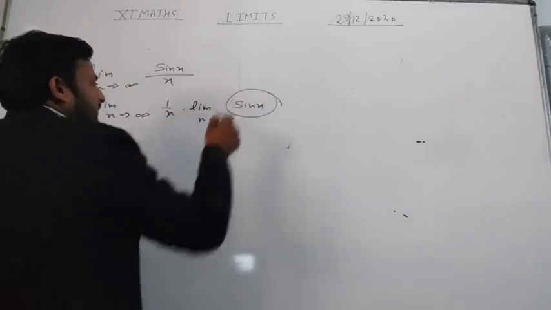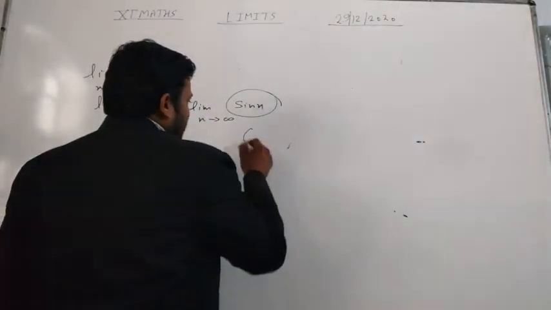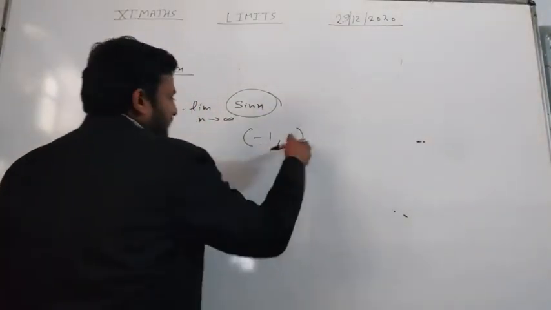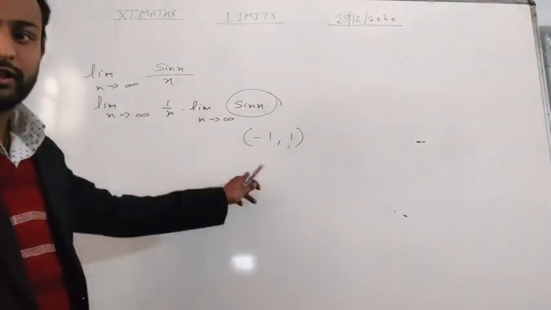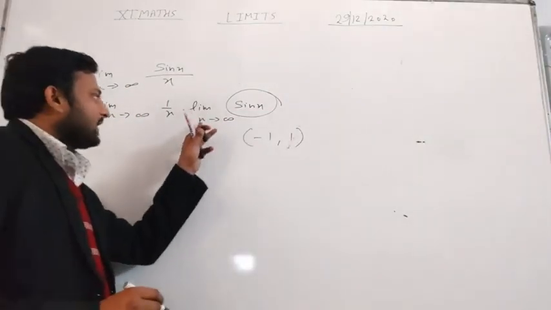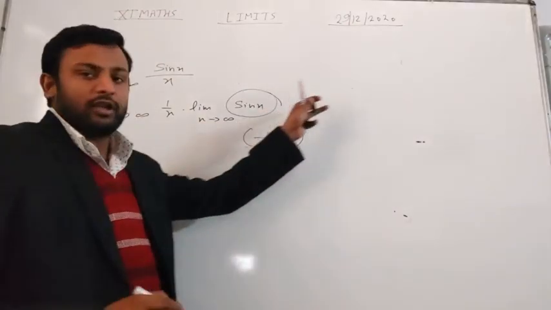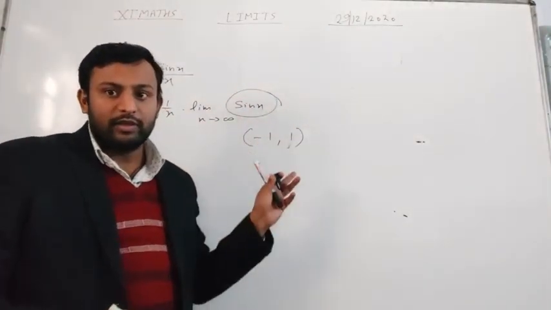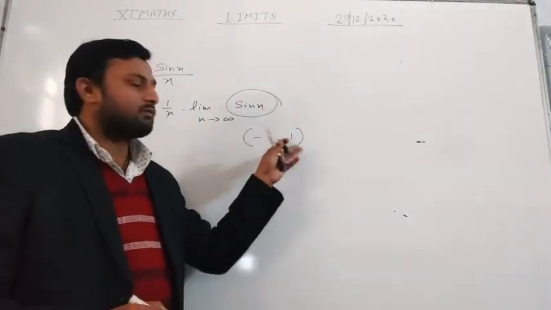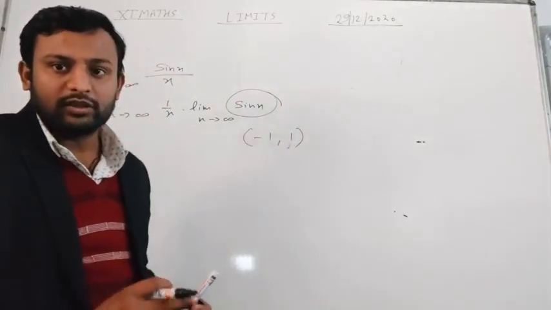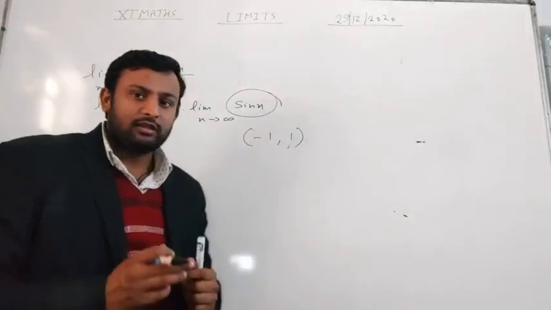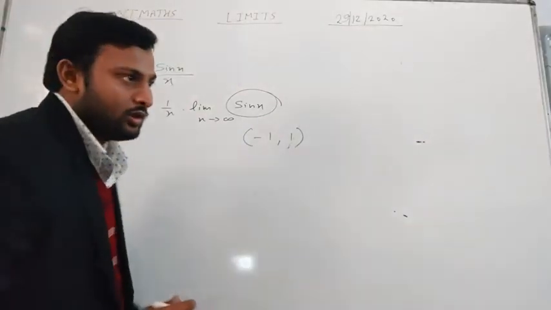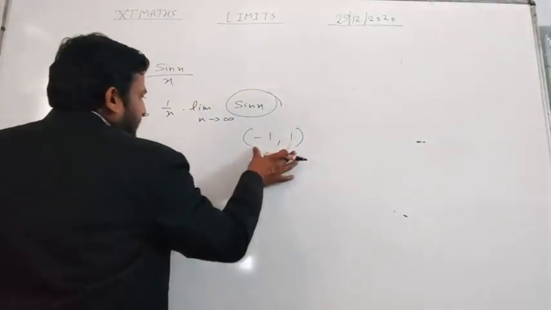You know student, the range of sin x is from -1 to 1. So when x increases 1, 2, 3, and so on to infinite, the sin x value will lie within -1 to 1. It will fluctuate in this interval -1 to 1, so its value is finite between these two.